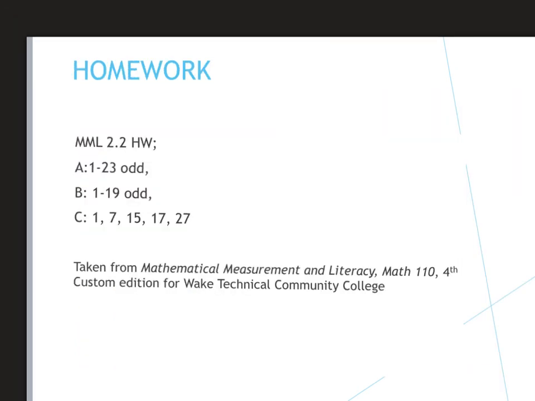So your homework for 2.2: there's some practice in My Math Lab, section 2.2, and there's also some textbook practice for section 2.2. Any questions you may have, again, please put those in the team channel Unit 1 questions for others to also see anything that they may be struggling with.